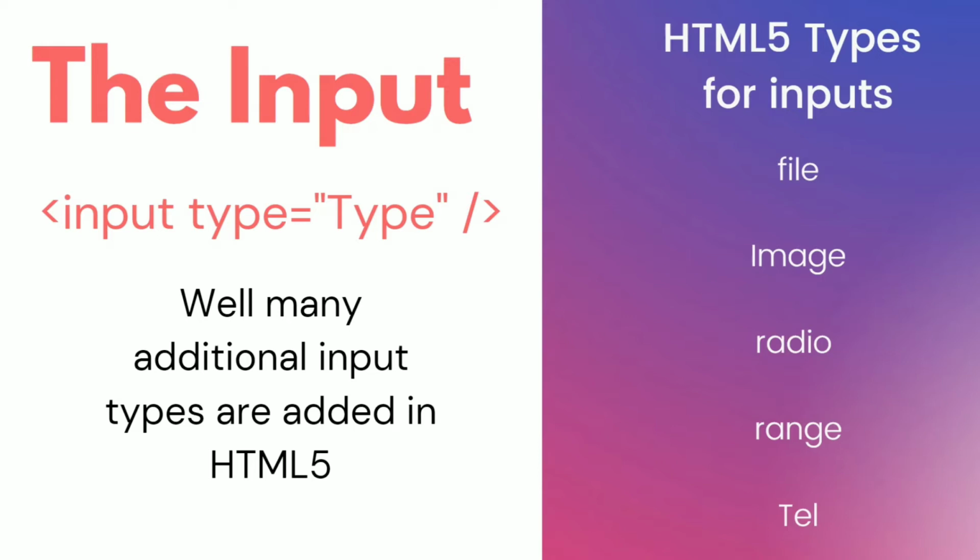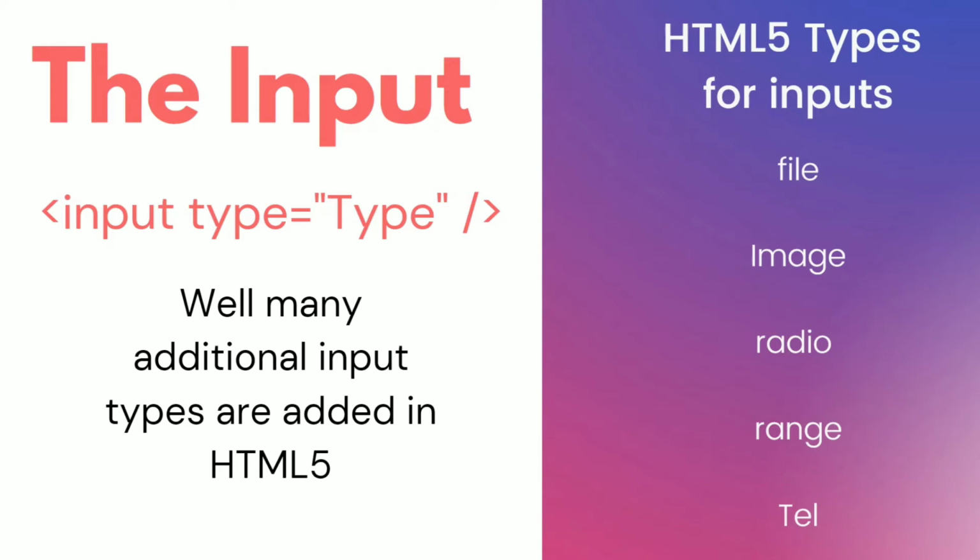And when I am talking about type equal to radio, when you make an input with type radio, you can make an input which is clickable and markable, just like options. If you have ever visited Google Forms, you can just click that input. It is possible with the radio. As well as we have the range.